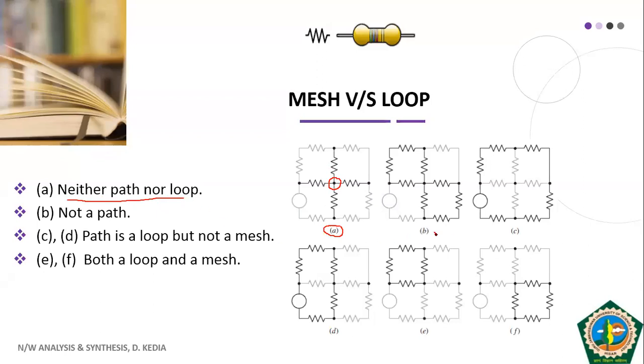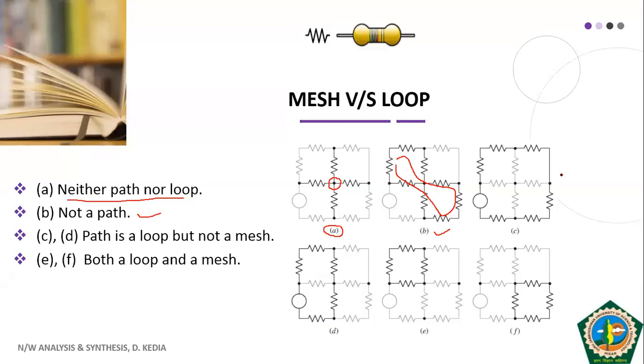Now let us come to figure B. In figure B there is no path. I told you that while traversing a path, no node can be traversed twice. Here this node is being traversed twice, so this is not a path.